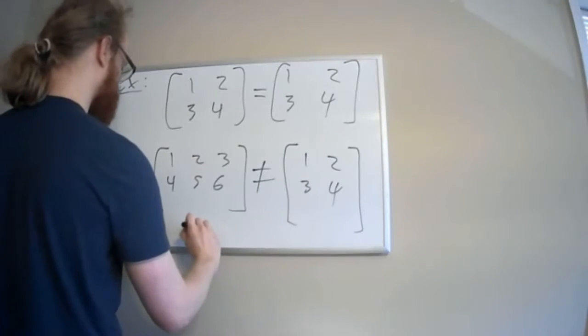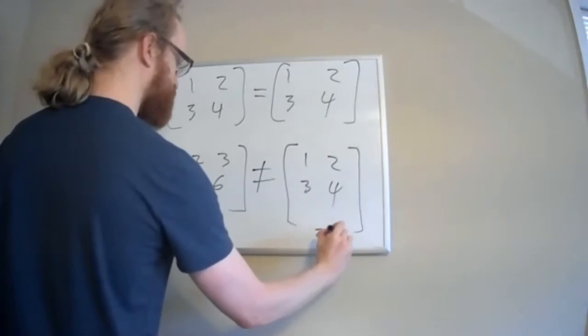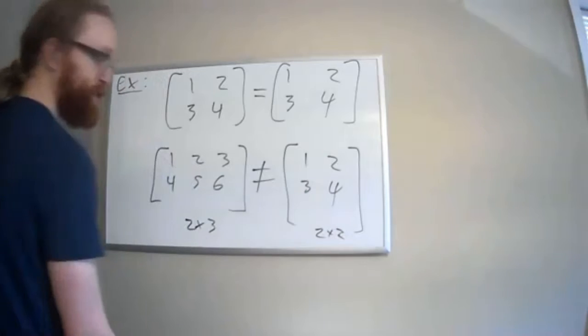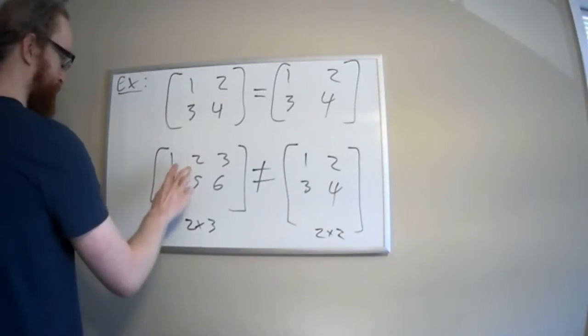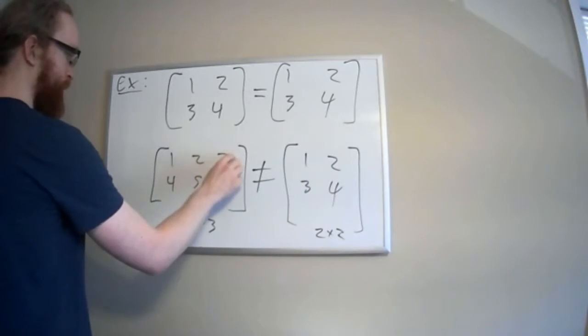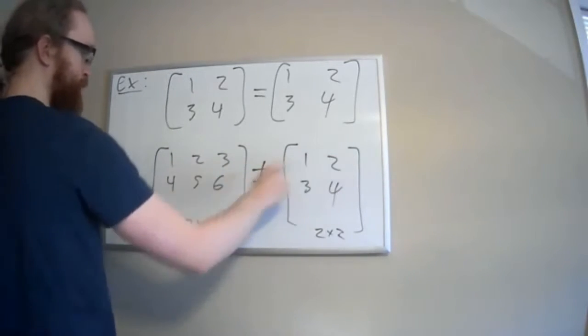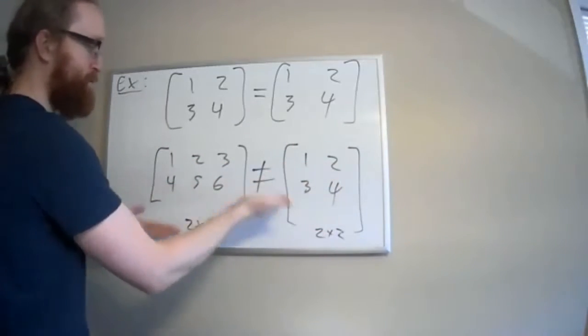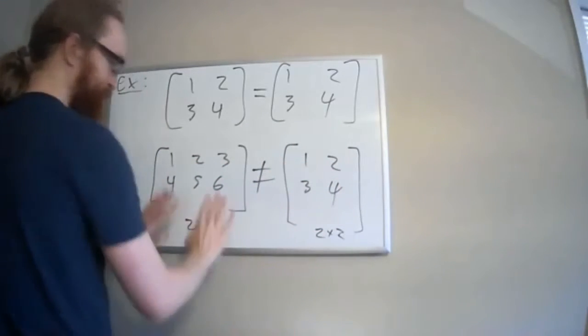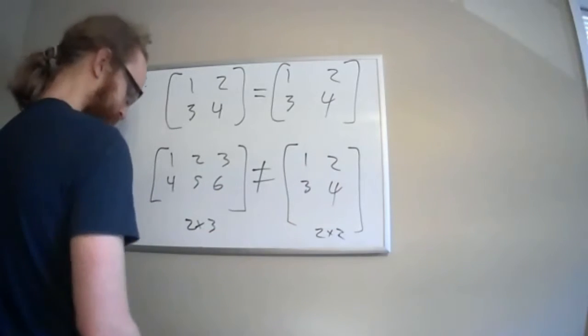Right, this is a 2 by 3. This is a 2 by 2. And so they cannot be equal just because they have different dimensions right off the bat. So the problem, of course, is that this 3, for example, I have nothing to pair it with over here because there's no third column. So there's nothing corresponding to this 3 over here. So I can't even really compare these matrices. It doesn't make any sense. So we're just going to say they're not equal, not the same.